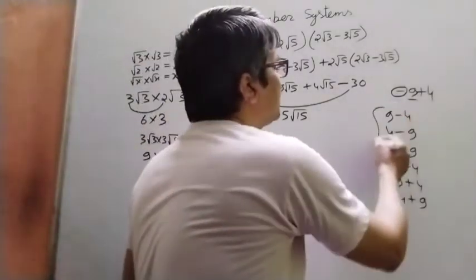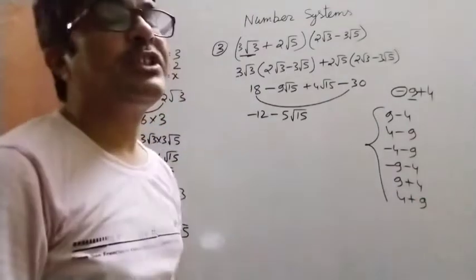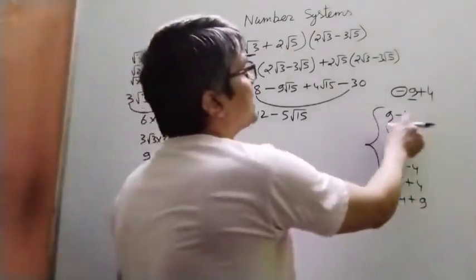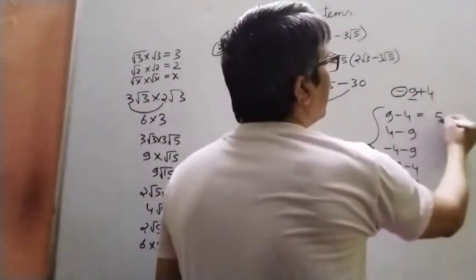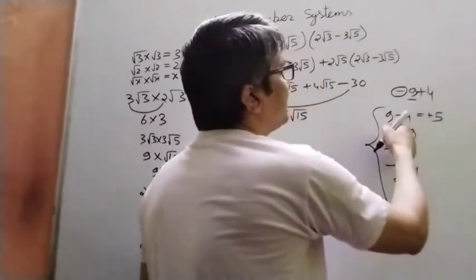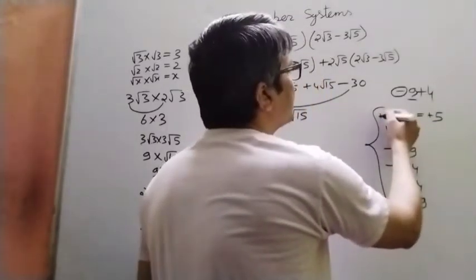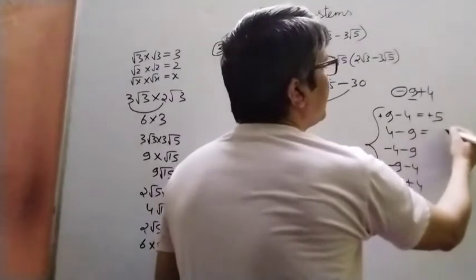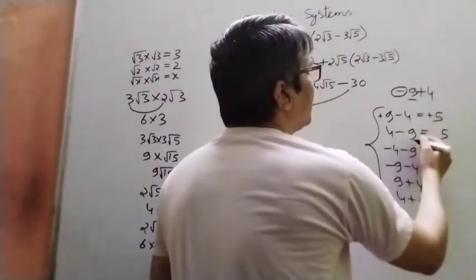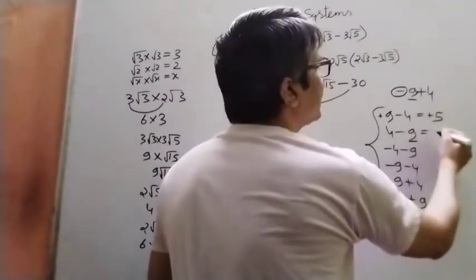This is the whole history of the rule of addition and subtraction. 9 minus 4 is equal to 5 and the sign will be positive because the larger number has attached plus. 4 minus 9 is minus 5 because the larger number has sign minus.